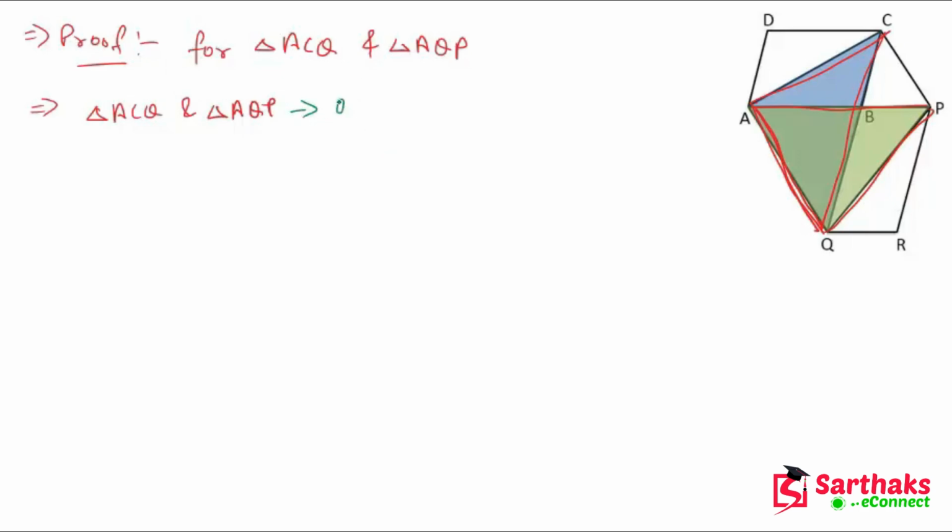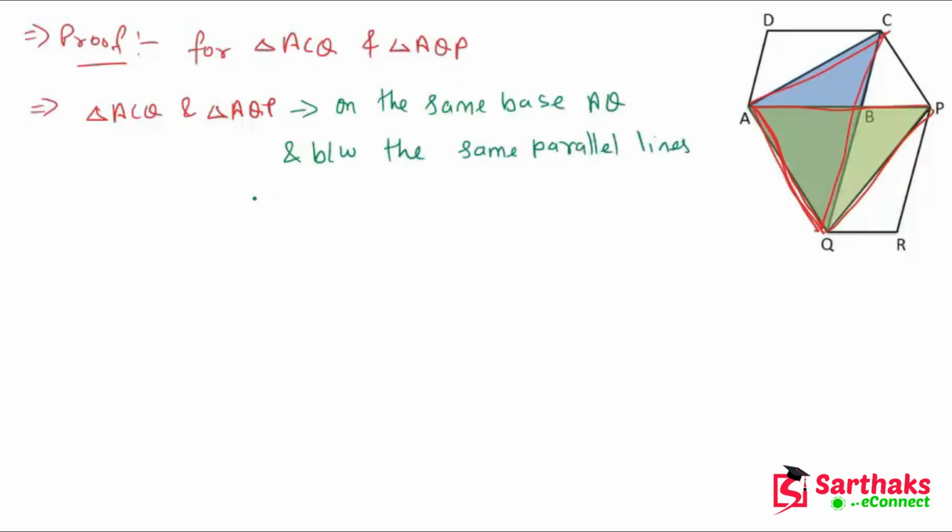Triangle ACQ and triangle AQP are on the same base, which is AQ, and between the same parallel lines, which is AQ and CP. And we know that triangles with the same base and between the same parallels are equal in area.